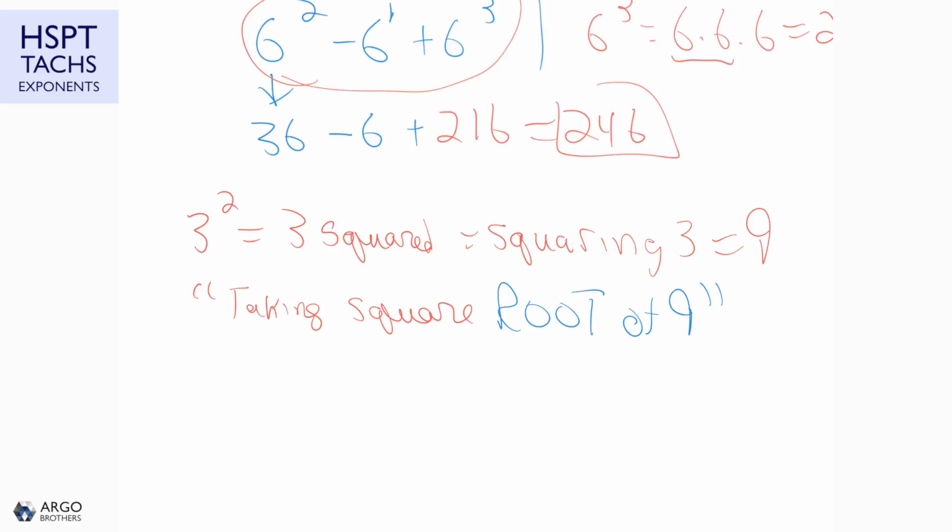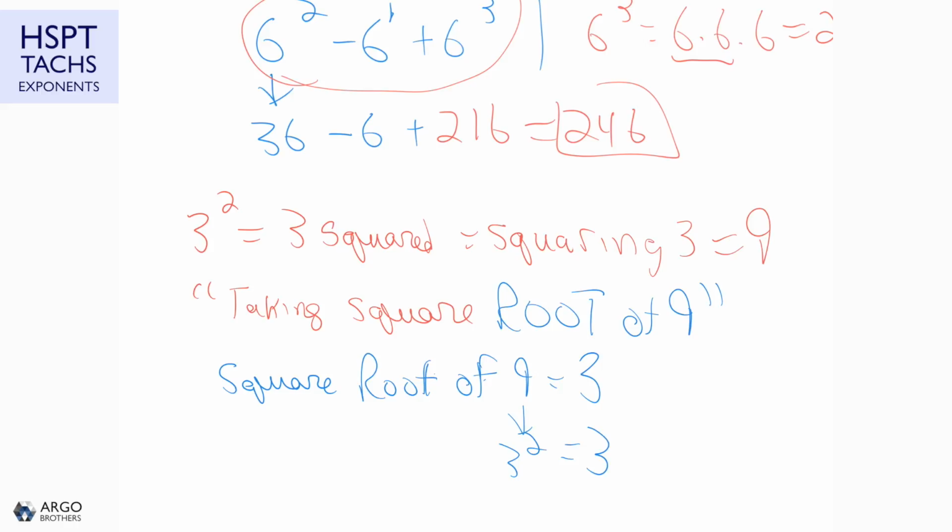If 3 squared is 9, then the square root of 9 would be 3. So the square root of 9 is 3. And we know 9 is 3 squared, so we can say the square root of 3 squared is 3.